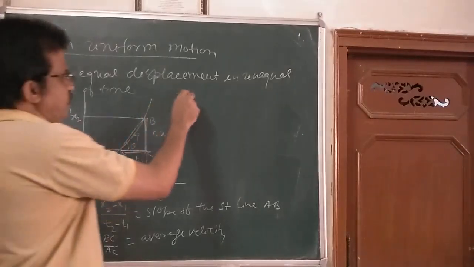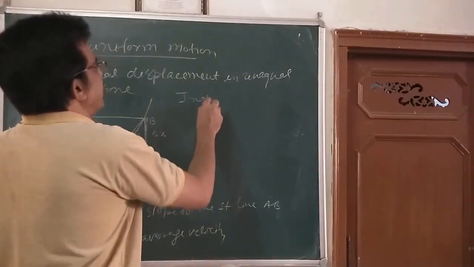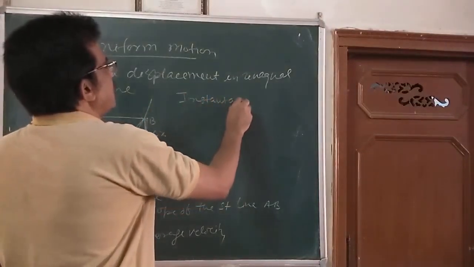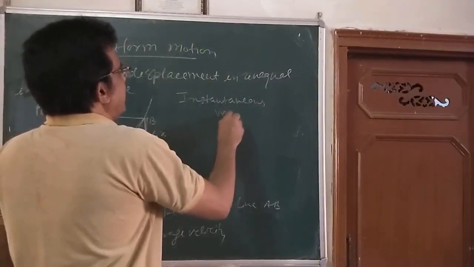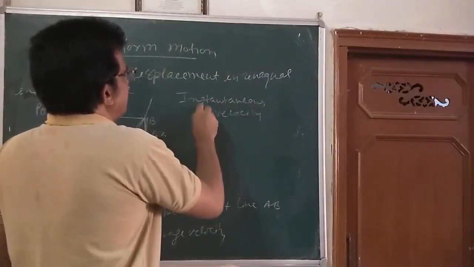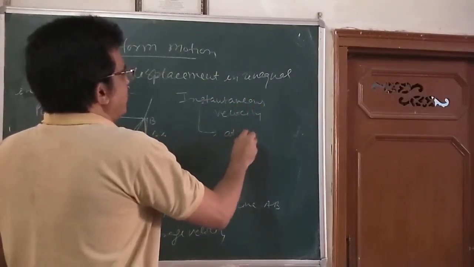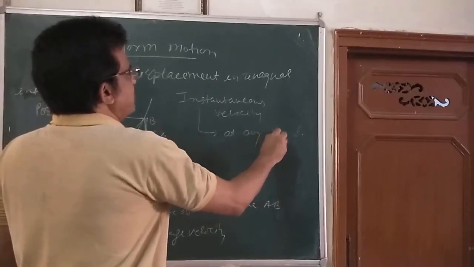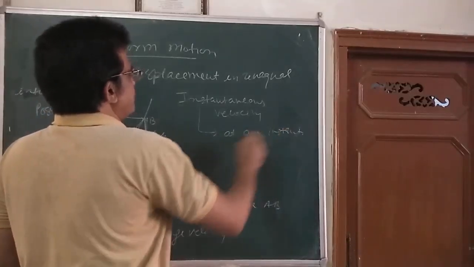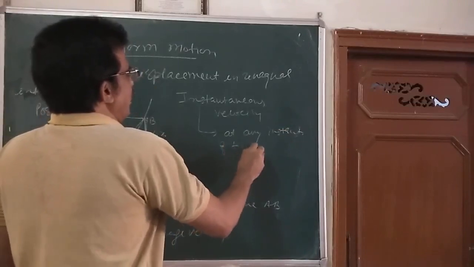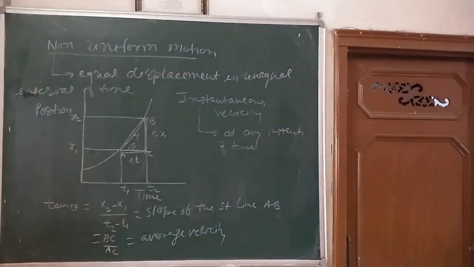So dear children, one thing you can write here: instantaneous velocity means the velocity at any instant of time. The time taken is very small here, so we can take a limit.